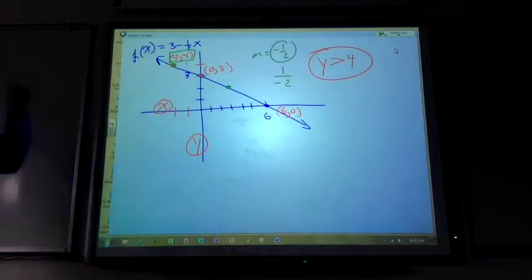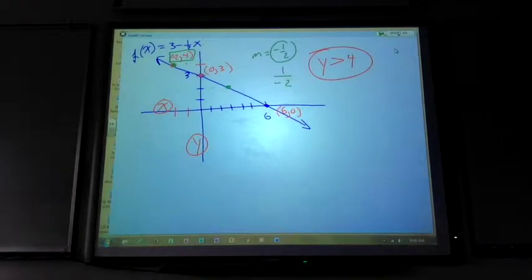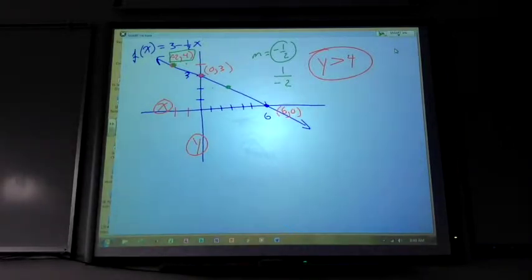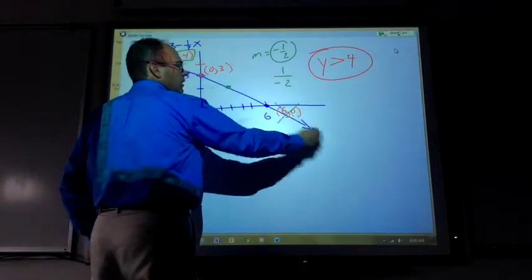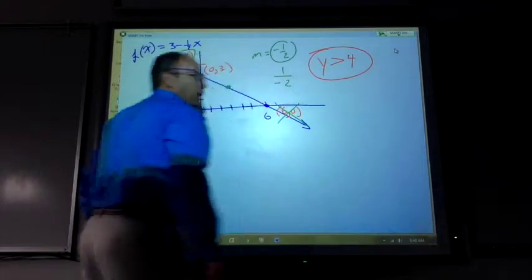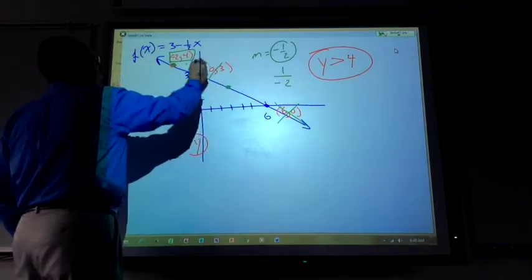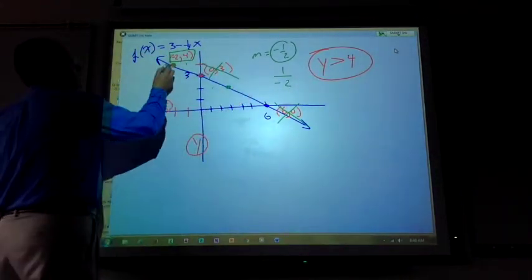So by using the points that are up there right now, where does my graph become a greater value than 4 in the y direction? Nowhere. Not here, agree? Because that's continuing downward. That's not here, right? What about here?